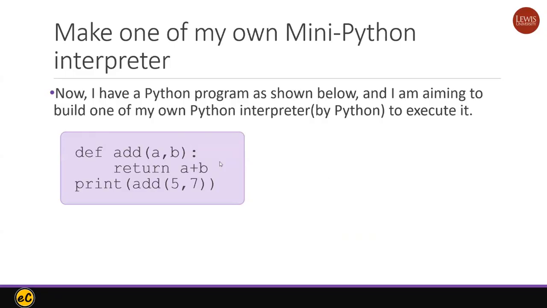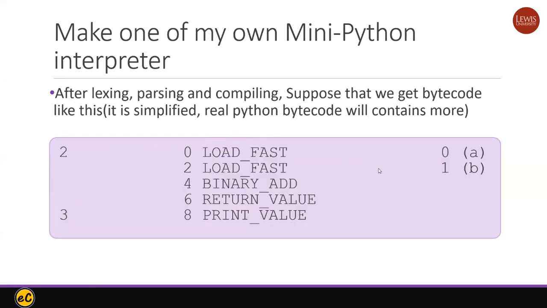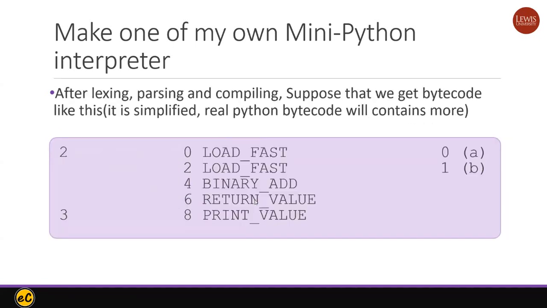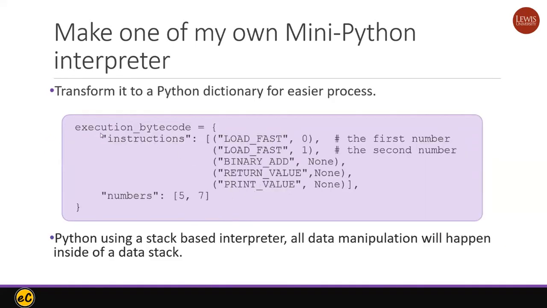So if you add 5 and 7 and then disassemble it, it will become like this. This function with the print function would be like this. Then you can put this into a dictionary format, instructions and numbers.